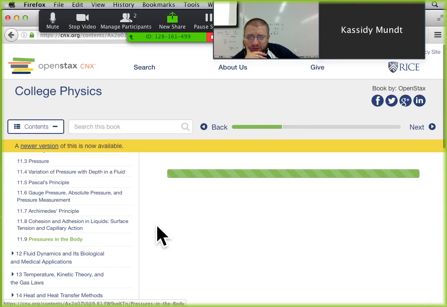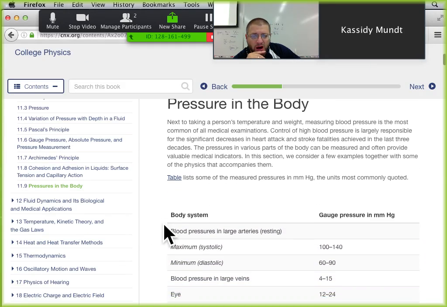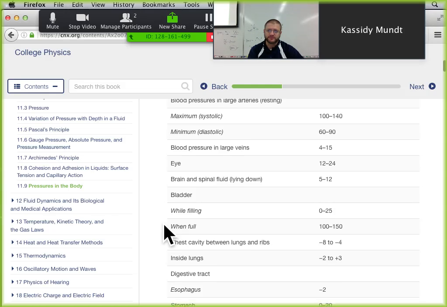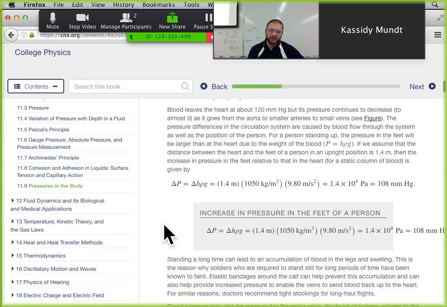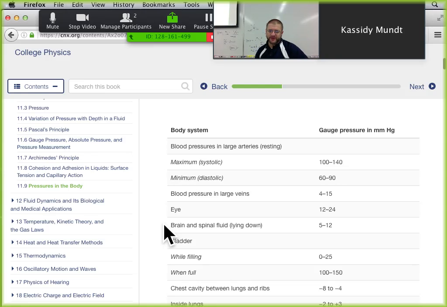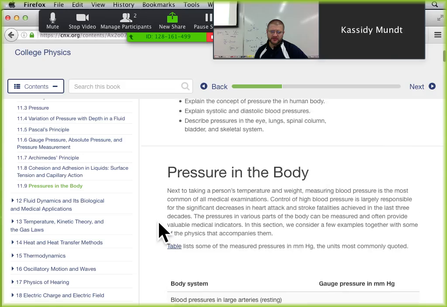The only other thing that we're going to talk about just a little bit is pressure in the body, as we talk about blood pressure, for example. That's the main thing I want to talk about. They talk about the two types of blood pressure right here, the systolic and what's the other one?